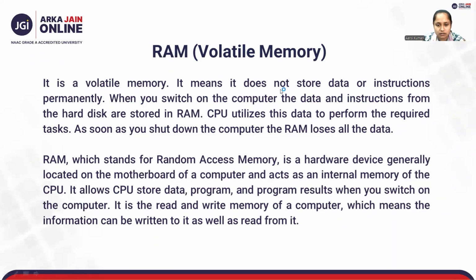The CPU utilizes this data to perform the required task. As soon as you shut down the computer, the RAM loses the data. So the data remains in the RAM as long as the computer is on and is lost when the computer is turned off. The benefit of loading data into RAM is that reading data from RAM is much faster than reading from the hard drive.